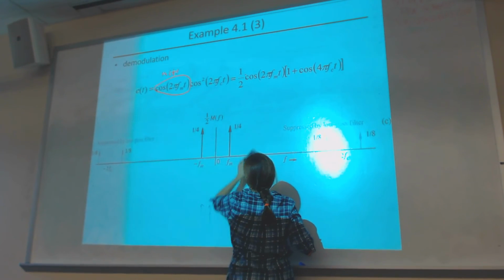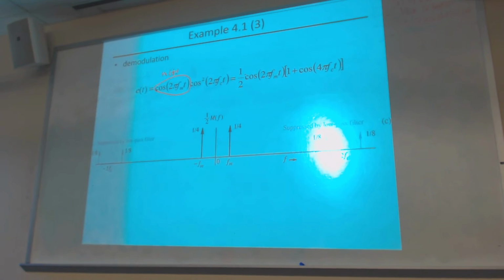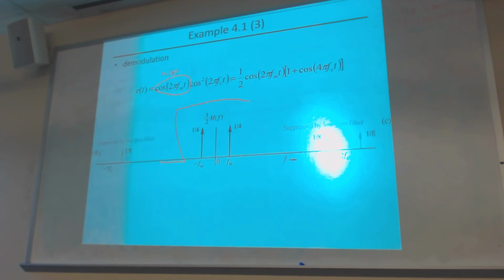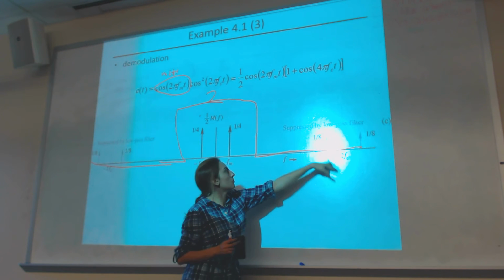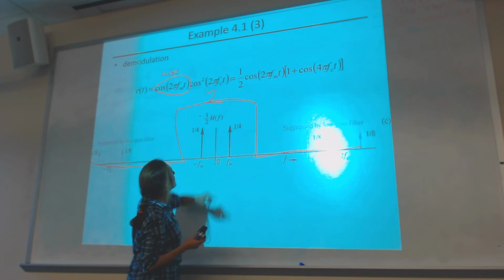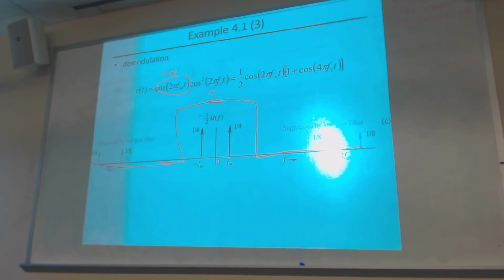And this is my low frequency signal. So I could use a low pass filter to get my original signal back. If the gain of your filter is 2, and it's a low pass filter, it removes the higher frequency and then compensates for this half, so you get exactly your original signal back at the receiver.